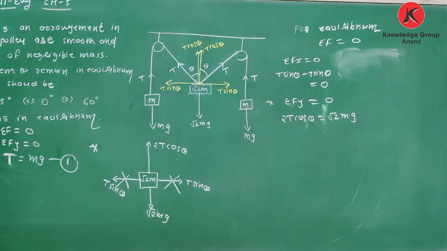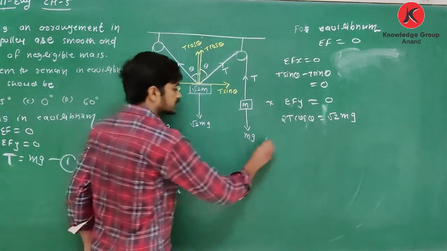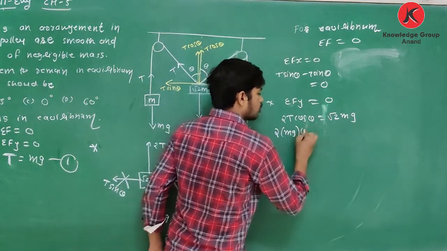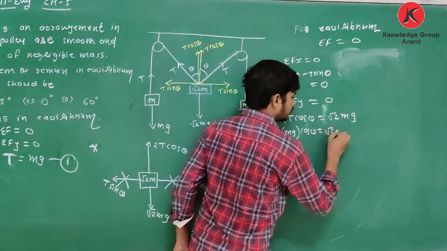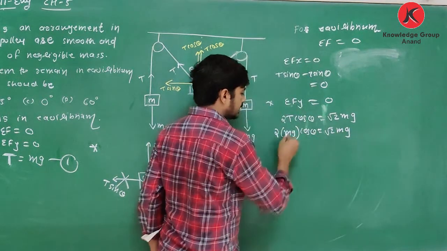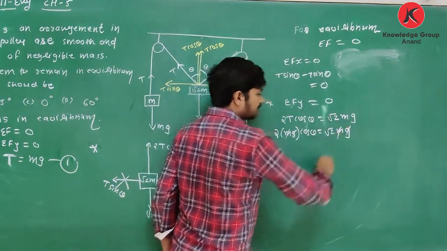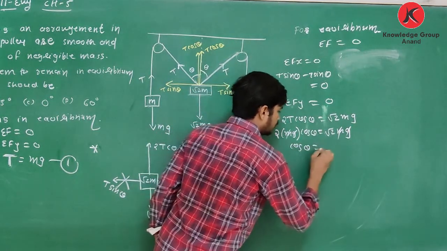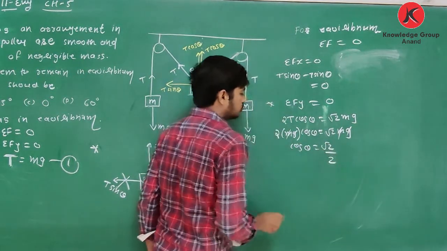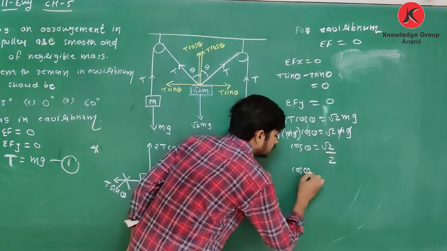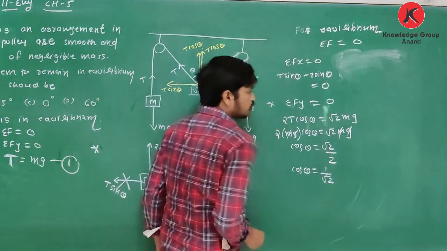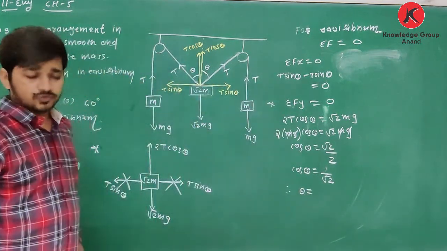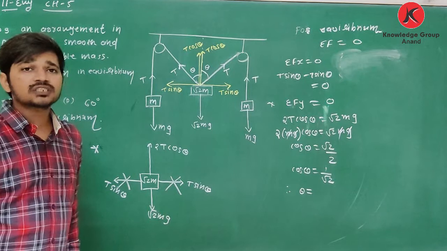Now we know the value of T. T is equal to mg. So 2 cos theta is equal to root 2 mg upon mg. The m and g cancel, then cos theta is equal to root 2 upon 2, so cos theta is equal to 1 upon root 2.